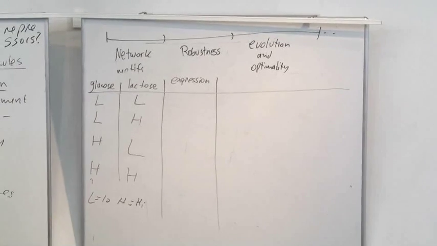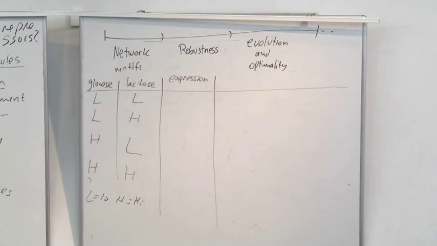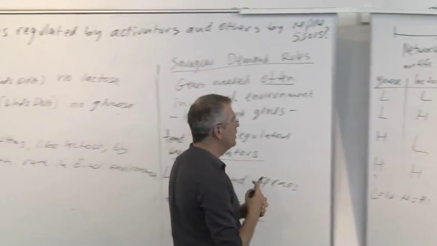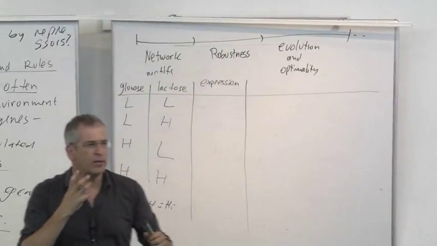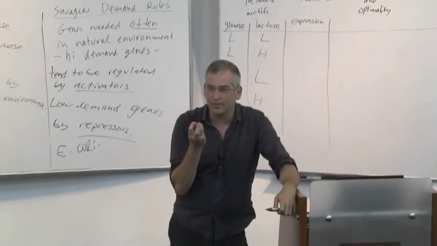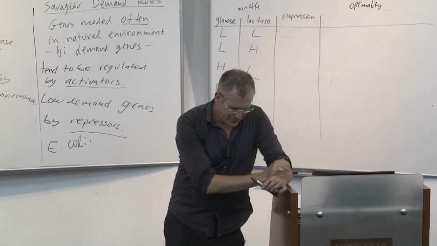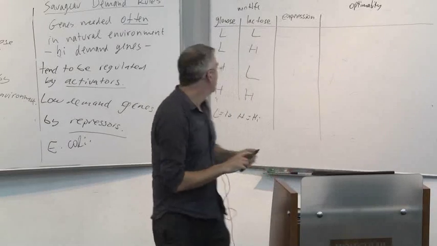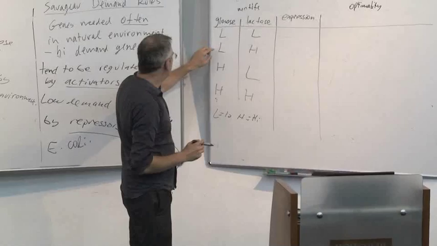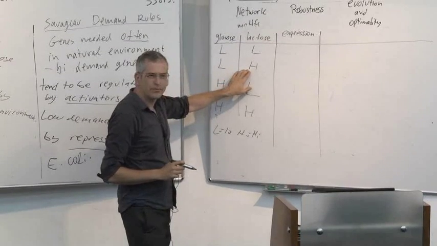If you look at the gene expression that's needed in each of these states, you see the following. When does E. coli make the most of the lac genes? When there's no glucose and yes lactose.